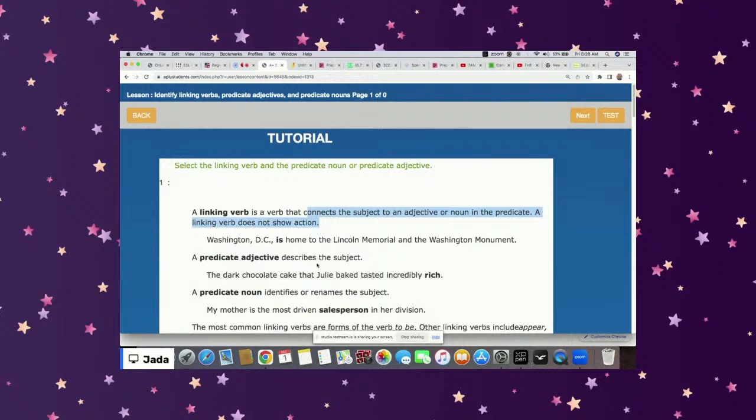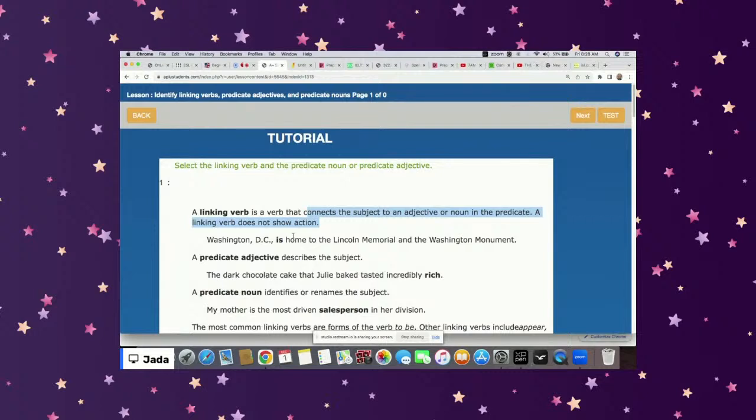Now a predicate adjective. A predicate adjective describes the subject. So when we say predicate adjective, it's describing, and the subject is what? Usually the subject is who the sentence is all about, like the main person being spoken about.